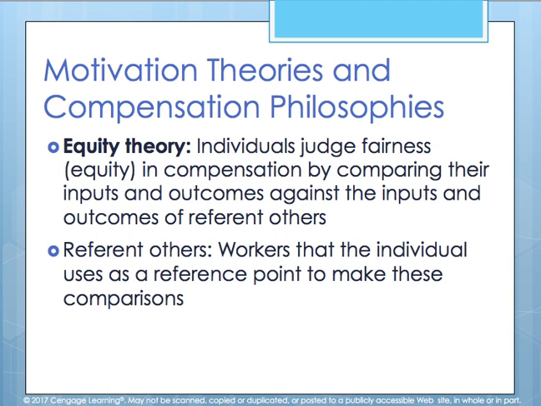So I'm going to look and say, okay, so here's Joe's inputs and the outcomes, but compared to Karen, who's our reference point, Joe falls short, right? So we can't pay Joe what we're paying Karen.